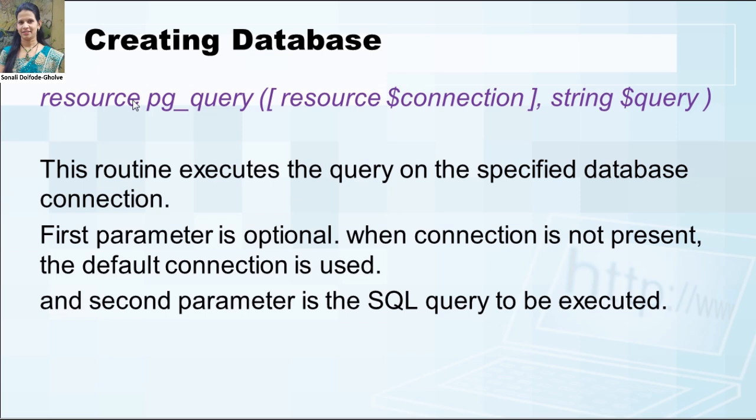The syntax is resource pg_query, with a connection resource and a query string. The first parameter is optional and the second is compulsory. When the connection is not present, the default connection is used. The second parameter is the SQL query to be executed. We will write the query here.